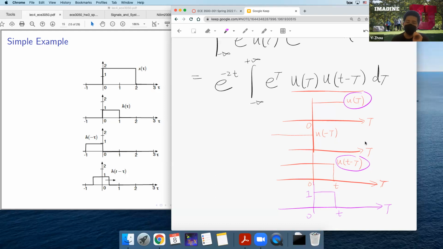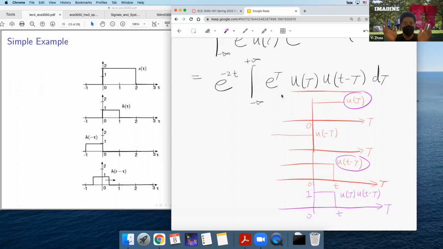So essentially, this is u tau times u t minus tau. You can remember that when you multiply these two unit step signals together, it will create a window function. And because the window function has amplitude just 1, it does not change the function value that we are integrating over.